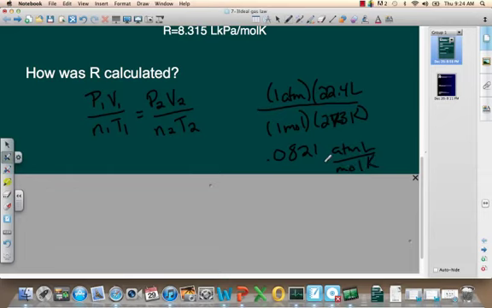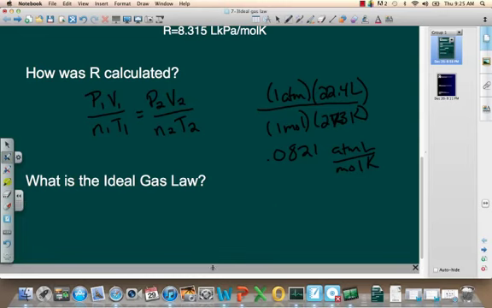That is how they calculated this number. If you're at STP, you know the volume and you know you have 1 mole of a gas.